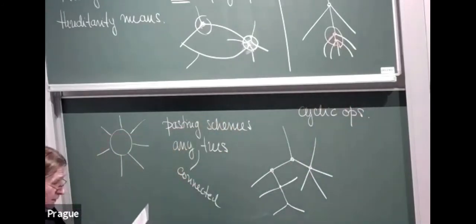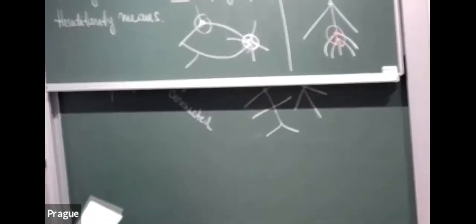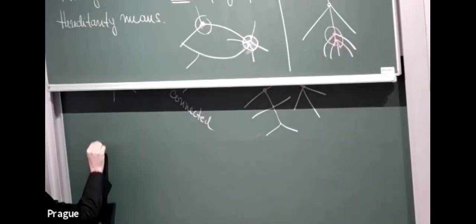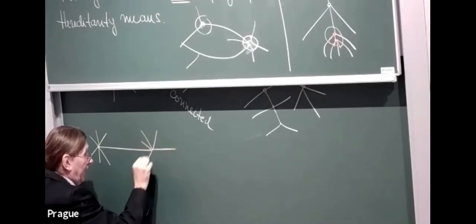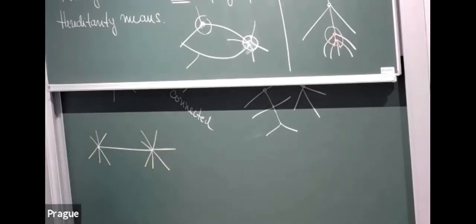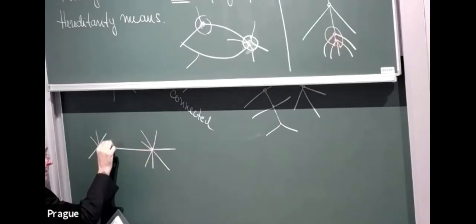And what is the biased definition? It's given by, okay, I'll draw the graph which corresponds to the operations. So it is the graph with one internal edge, and this edge has a label i.